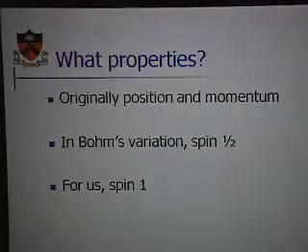If you take these particles and arrange for them to fly apart, they had total momentum 0, and so whatever the momentum of this one is, the negative of it is the momentum of the other one. So if you measure the momentum of A, you've measured the momentum of B.